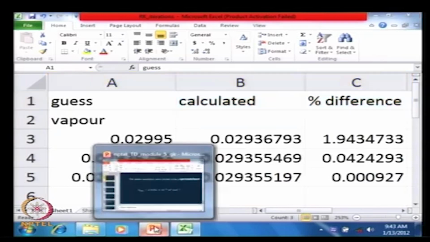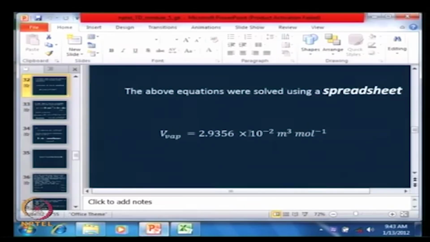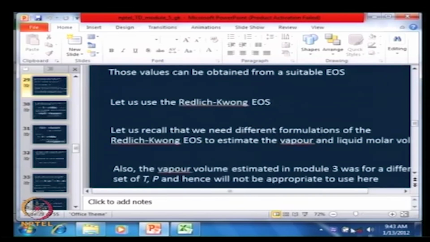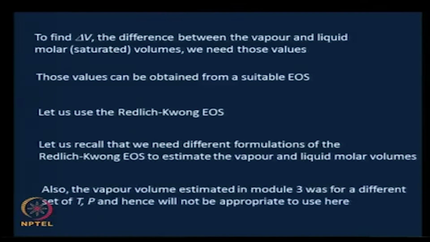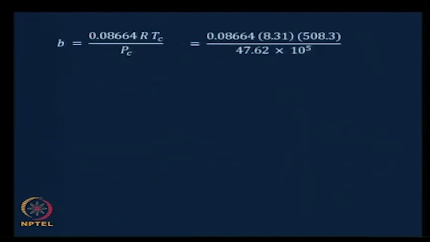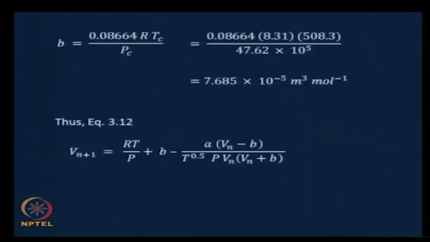You can recall this calculation I had given: yes, this RT by P is 2.995 into 10 power minus 2.